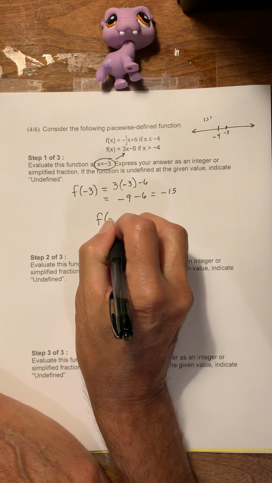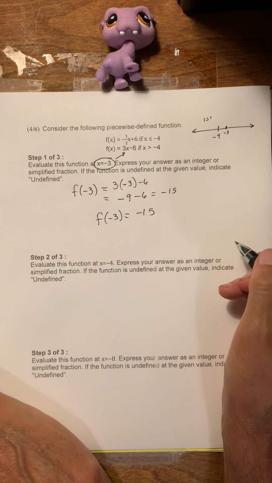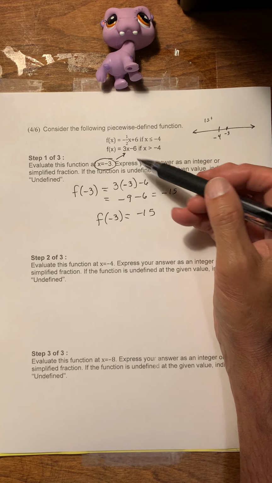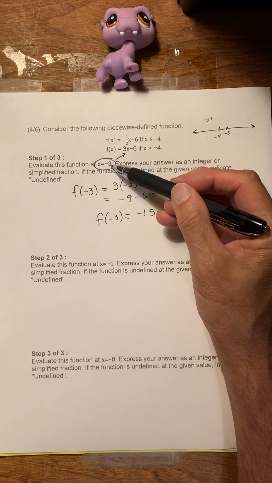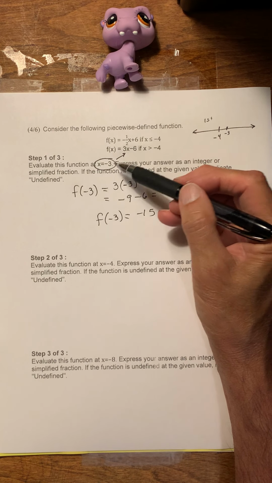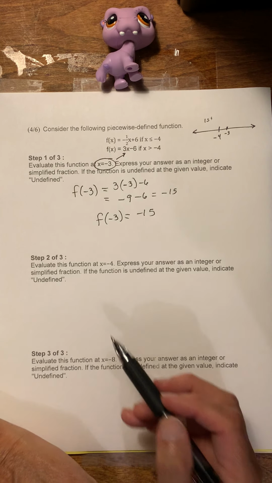So f of -3 is -15. All right, notice what I had to do first. I had to decide which piece of my piecewise function addresses this particular x. All right, let's try the next one.